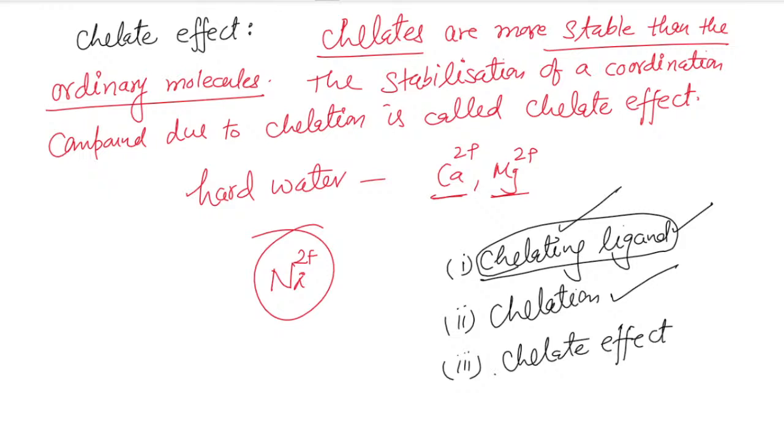And those chelates are more stable than ordinary compounds or complexes. These metal chelates are more stable than ordinary complexes, and that stabilization of those coordination compounds is due to chelation, and that is called chelate effect.